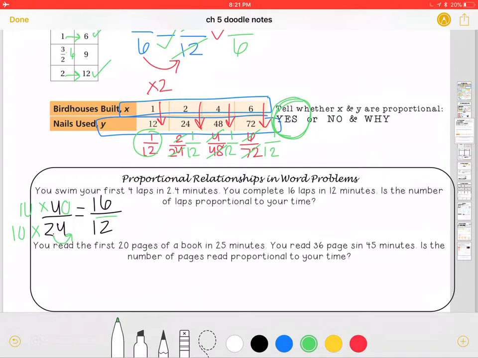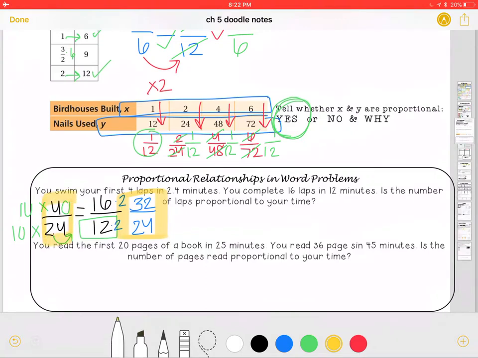So I'm going to try to see, can I get this denominator to 24 as well? Well, yeah, I can multiply it by 2. So that would give me 24. What's 16 times 2? That would be 32. Is 32 over 24 equal to 40 over 24?